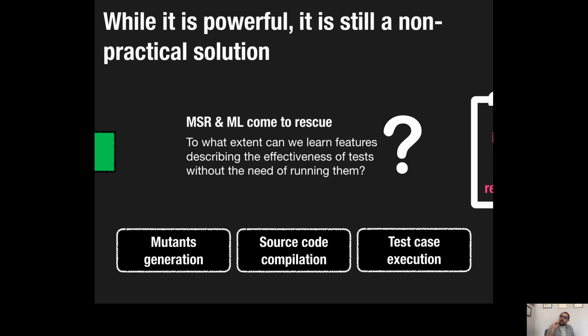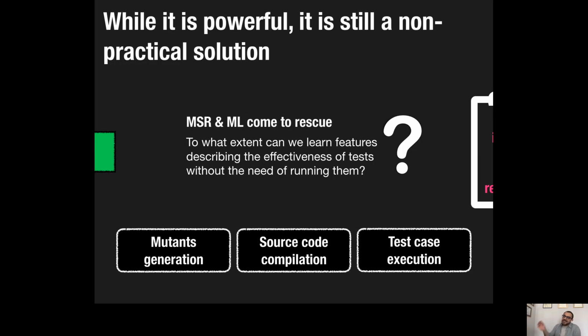And particularly, our idea was to exploit software analytics to learn features that can describe the effectiveness of tests without the need of running them. What does it mean? It means that we conjecture that a number of statically computable metrics, like metrics related to test code quality, test code design quality, can be used within a machine learning approach in order to predict the mutation coverage.